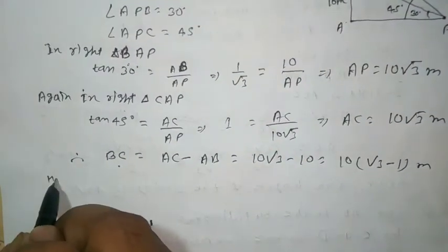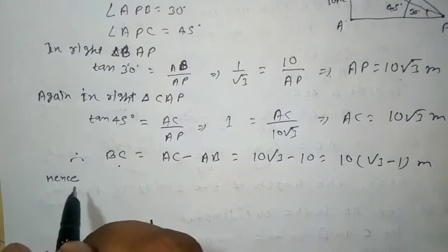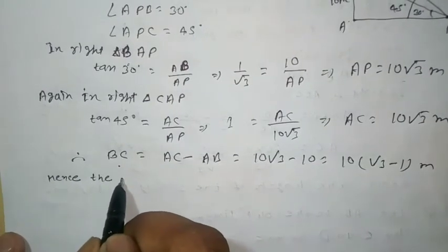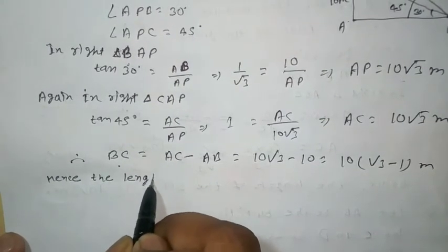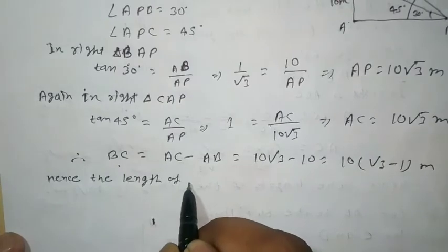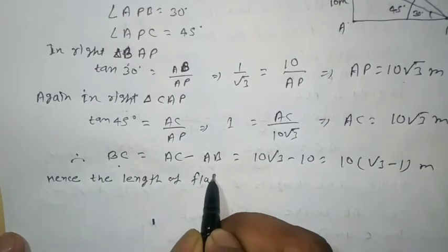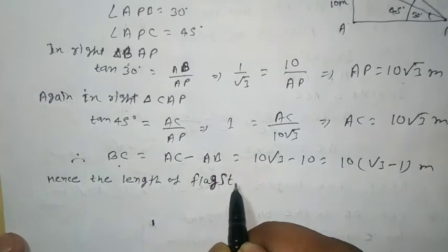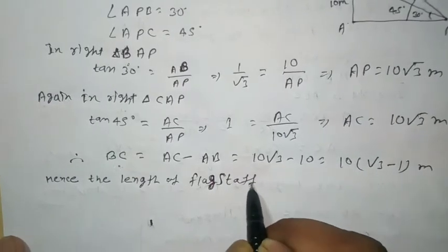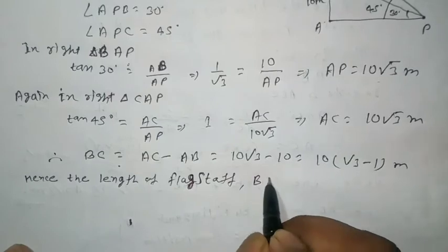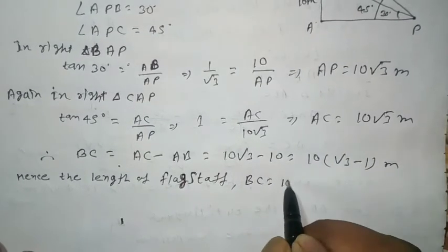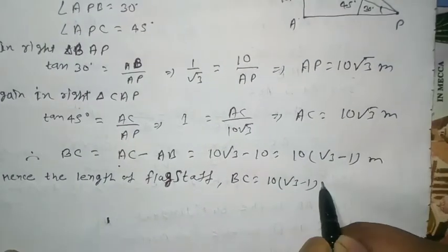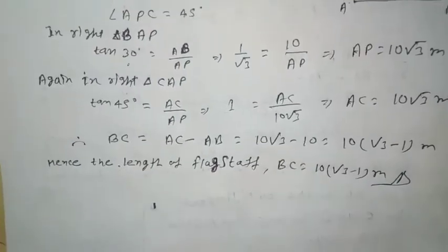Now hence the length of the flagstaff BC is equal to 10 into root 3 minus 1 meter. Answer.